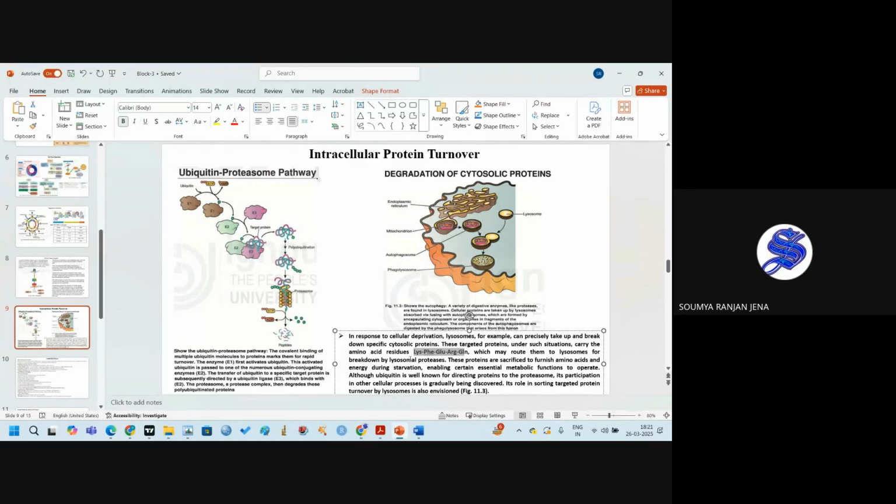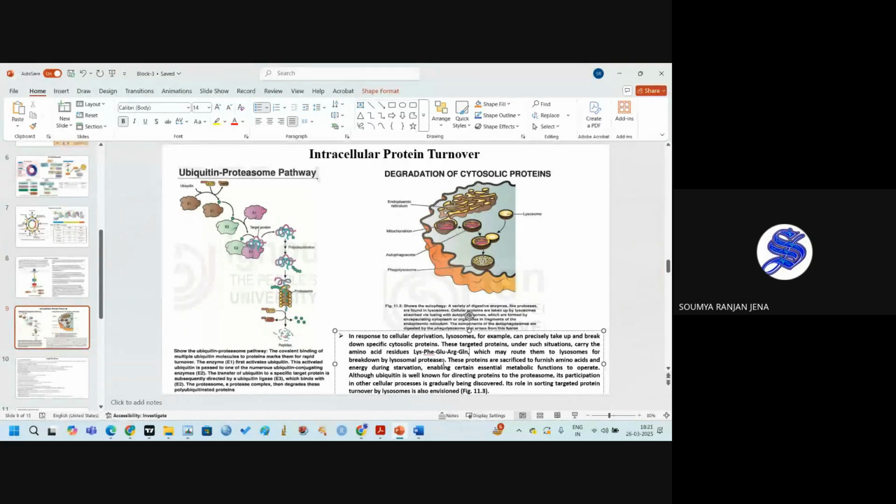If this sequence is present in the cytosolic proteins during starvation, the protein will be degraded by the lysosome. This is called the autophagic process, which routes them to the lysosome for breakdown.